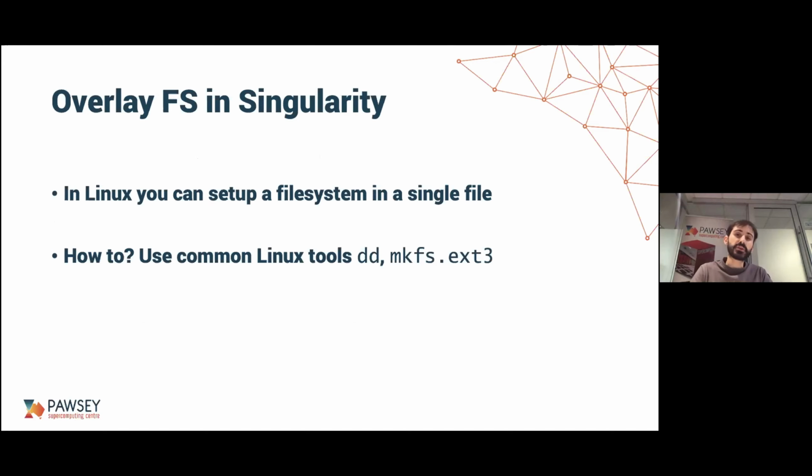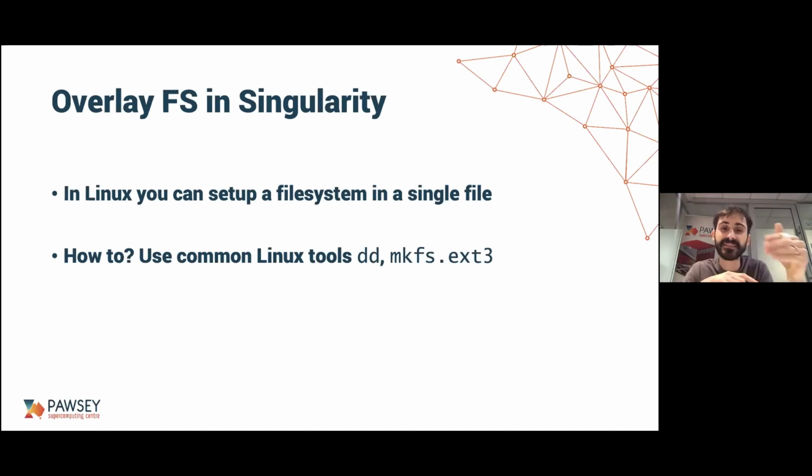The feature we're going to use is called overlay FS, the overlay file system. You need to know that in any Linux operating system, you can set up a single file to behave as an entire file system. Basically, you can create a big empty file, gigabytes big or even more, and then use some Linux tools to make it look like a file system.